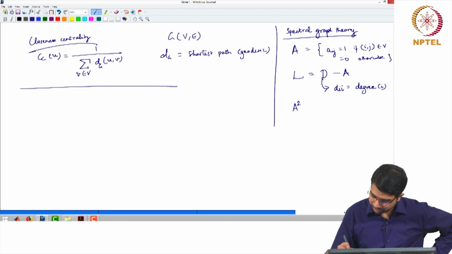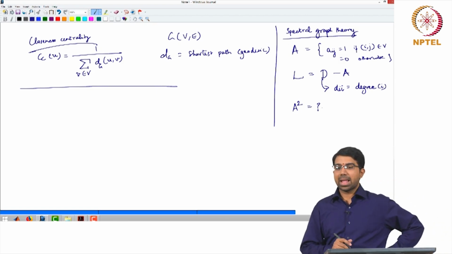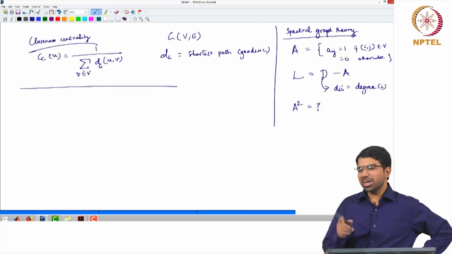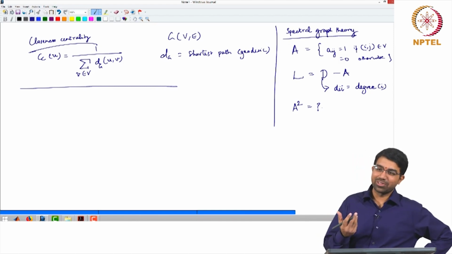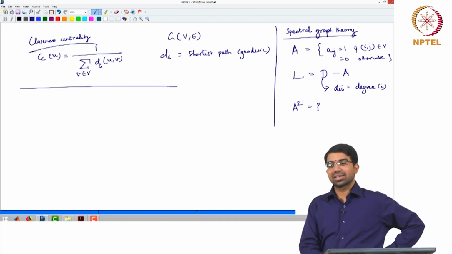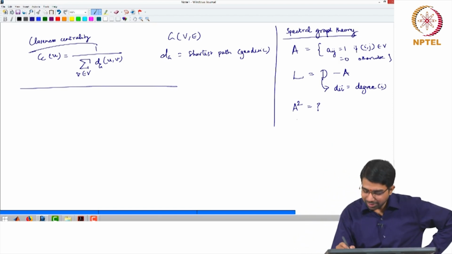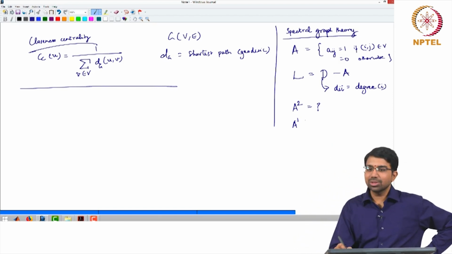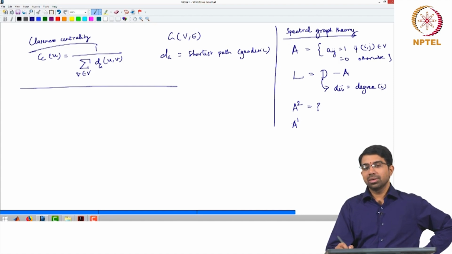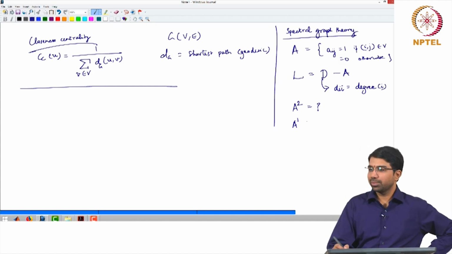Can you tell me what A square is? Maybe I should reserve this for the lab and you actually try it and figure out what it looks like. The length to connections, exactly. So A to the 1 tells you if there is a path of length 1 between nodes i and j.